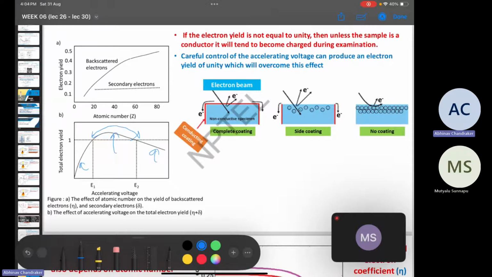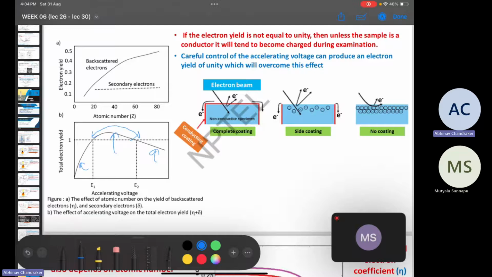If that happens, the incoming electrons will get repelled or attracted by the surface charge, and so the signals you receive will be distorted and you will not be able to form a good image of your specimen.